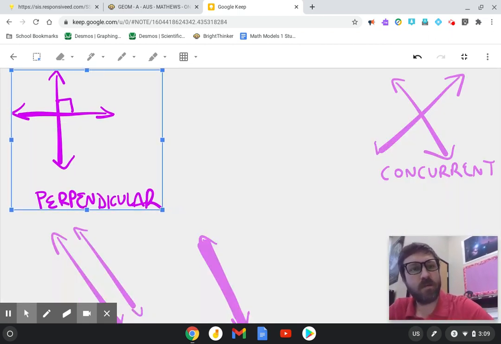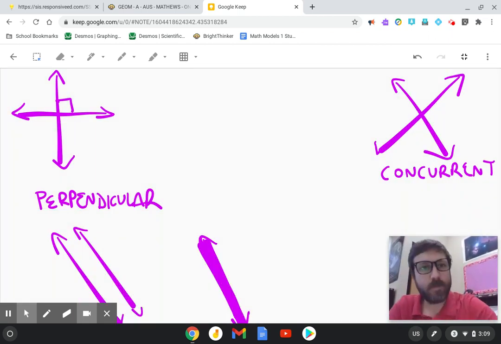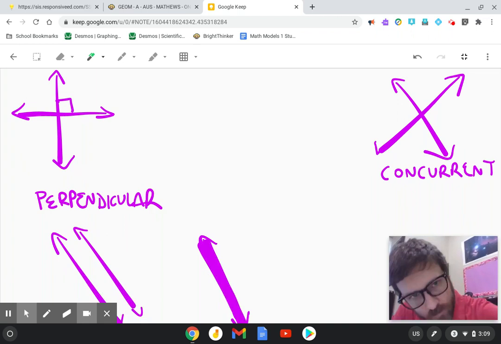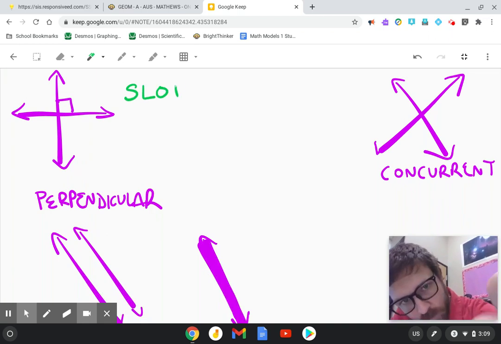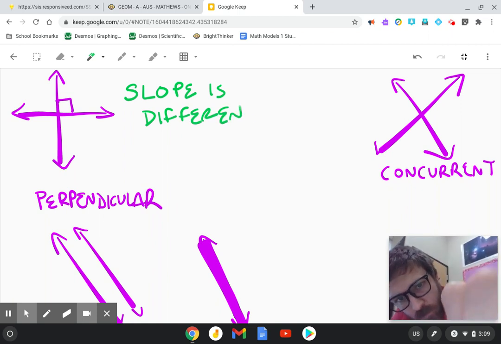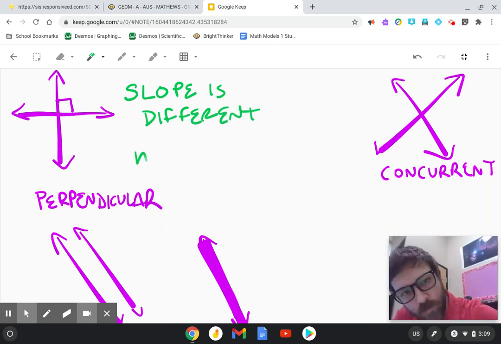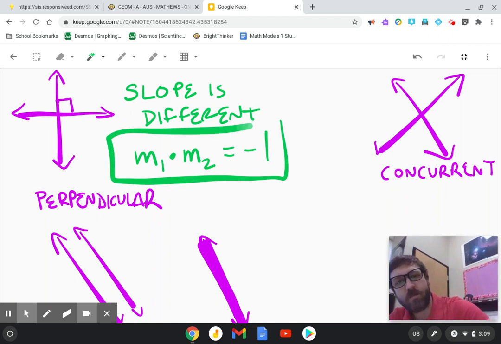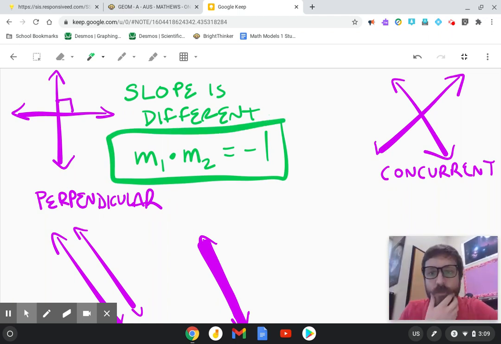So for perpendicular lines, you write this down. The slope is different. But more specifically, if I multiply slope 1 times slope 2, it equals -1. That's kind of your key piece of information right there.